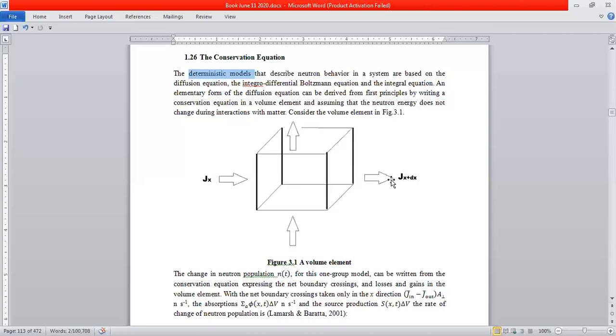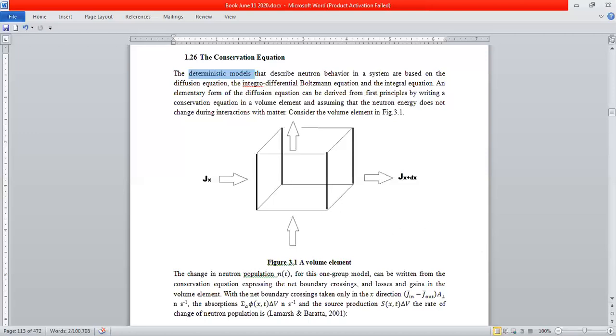The only difference between current and flux is that this is a vector. Flux is inside the volume, like collision density was inside the volume, and what's leaving is crossing a window or a door. That's how you enter a room. You cross a surface and enter a room. So you cross a wall to enter a room. So a neutron crosses a surface to enter a volume.